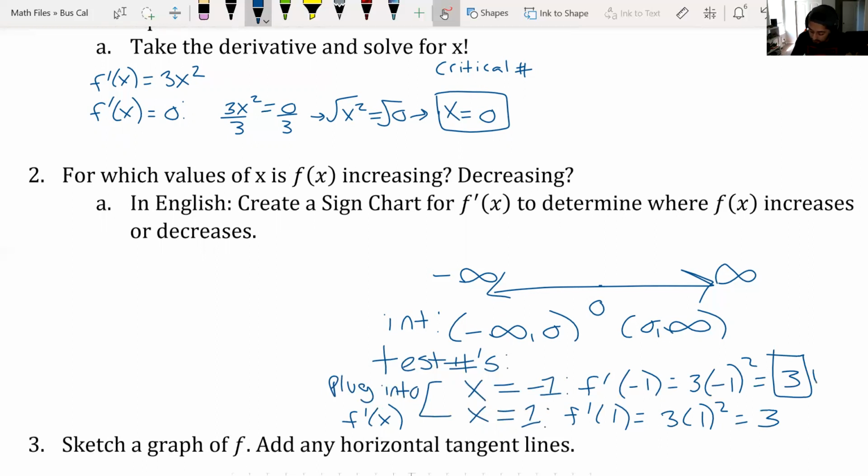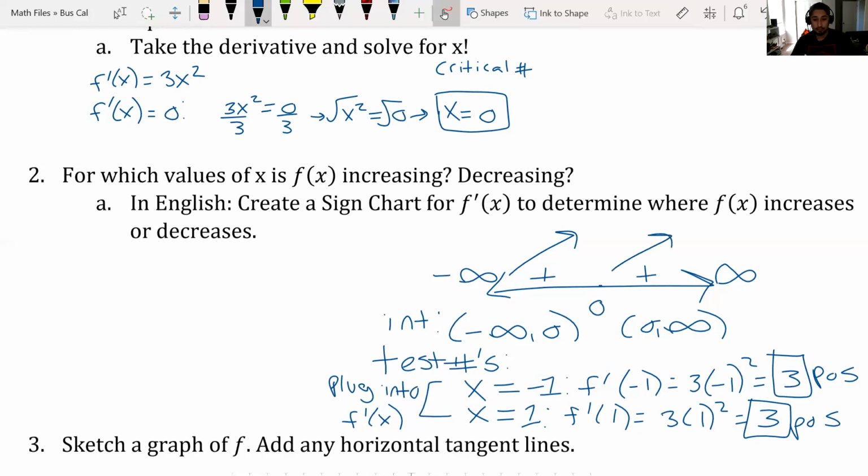It is a positive number, which means from negative infinity to 0, the first derivative is positive, which means the original function will increase. Look at the second number. It is also positive, meaning the first derivative is positive from 0 to infinity, which means the original function will increase.